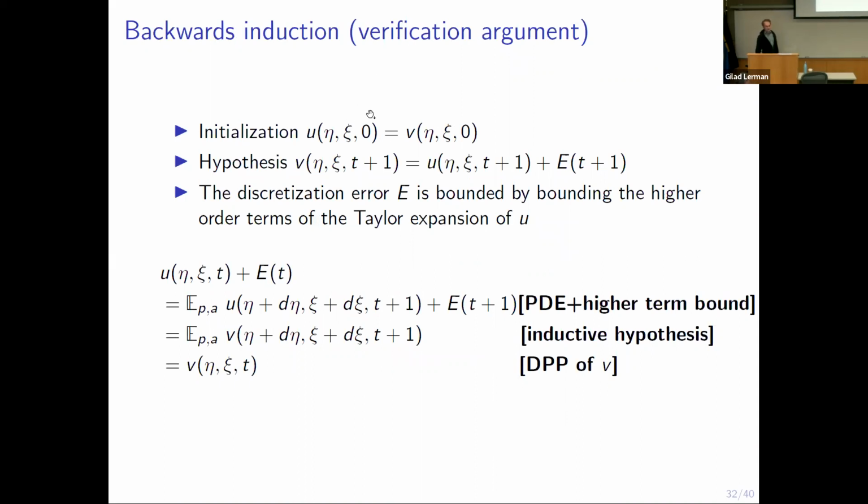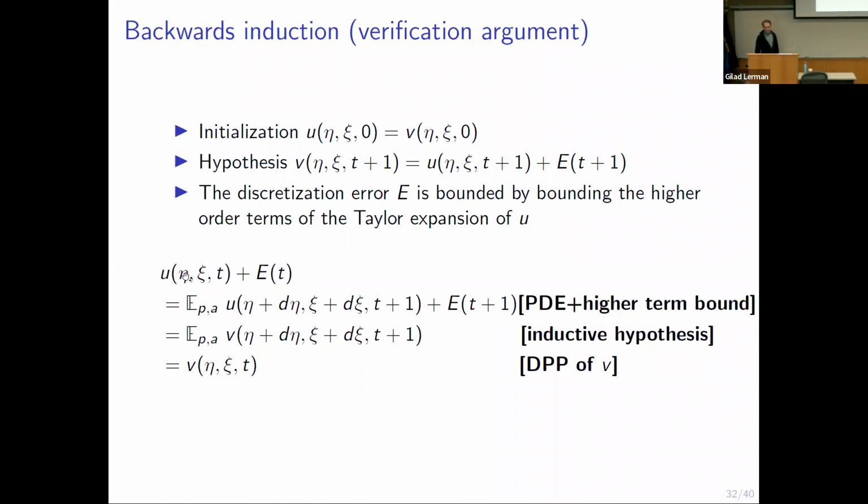We initialize at the final time, where the PDE solution and the value function are equal. Our inductive hypothesis is that they're equal at t plus 1, and we guarantee that up to the discretization error, they're equal at all the earlier times. So we propagate this backwards.